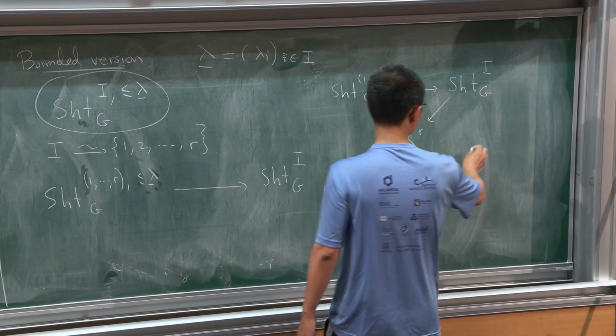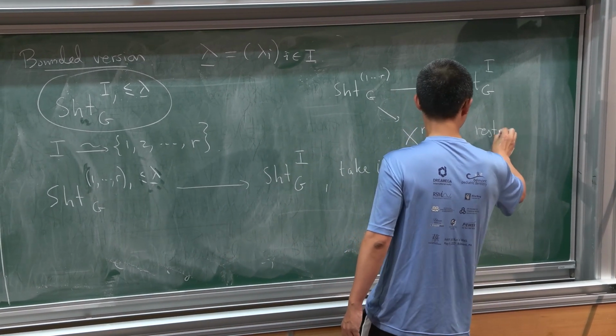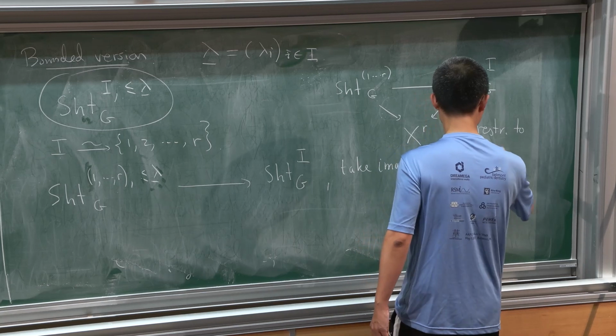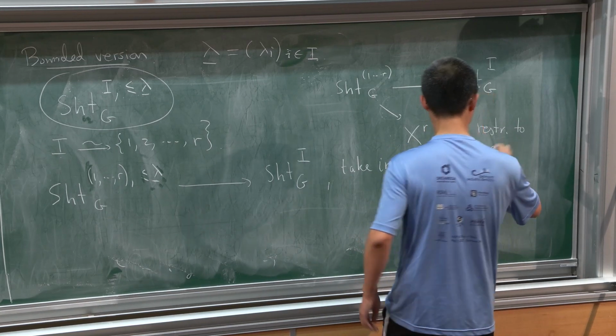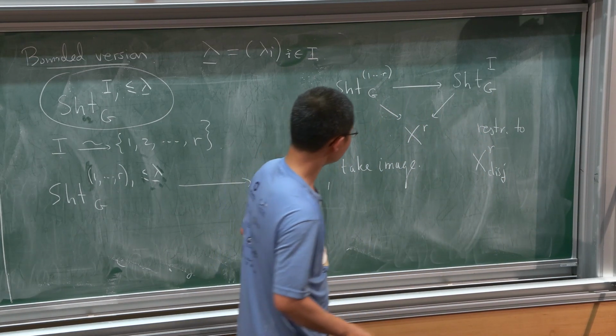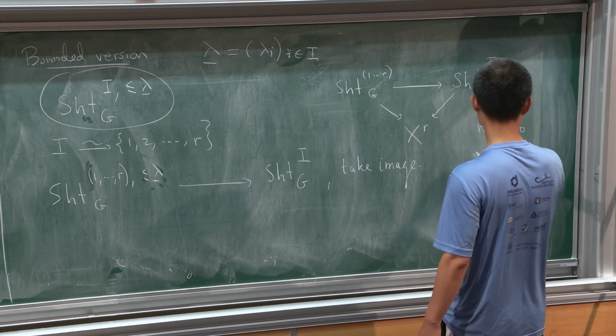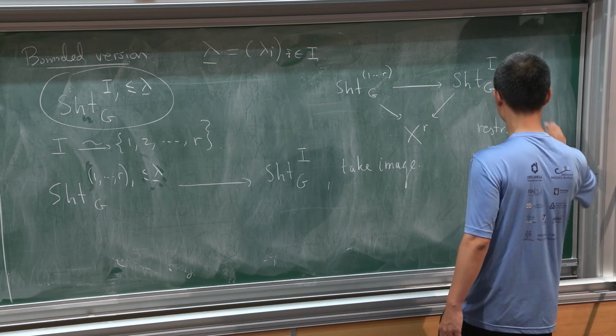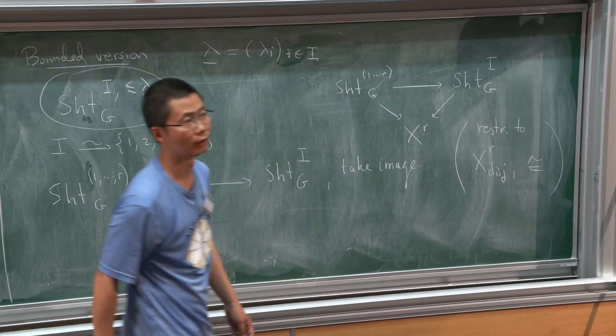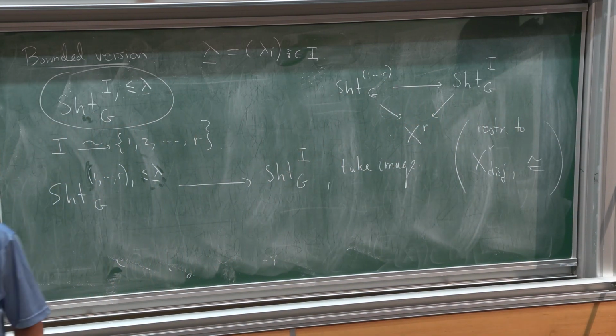If you restrict to X to the r disjoint, meaning all points are pairwise distinct, then this is an isomorphism.